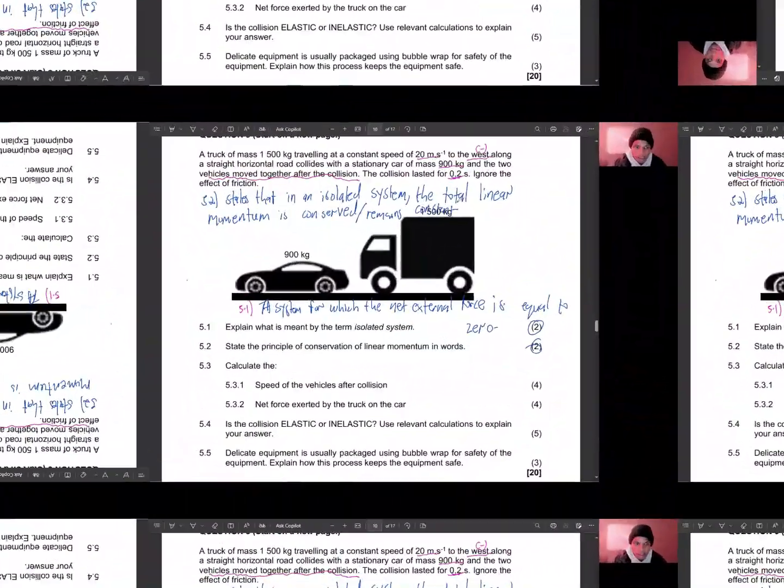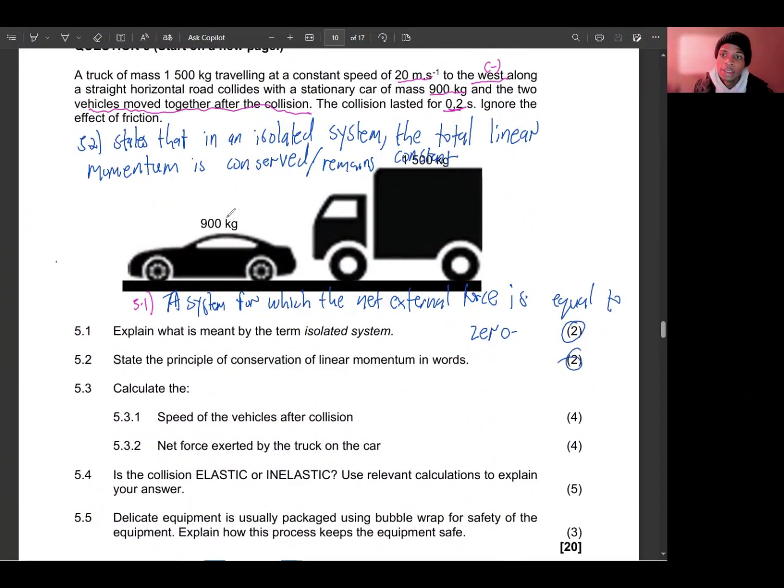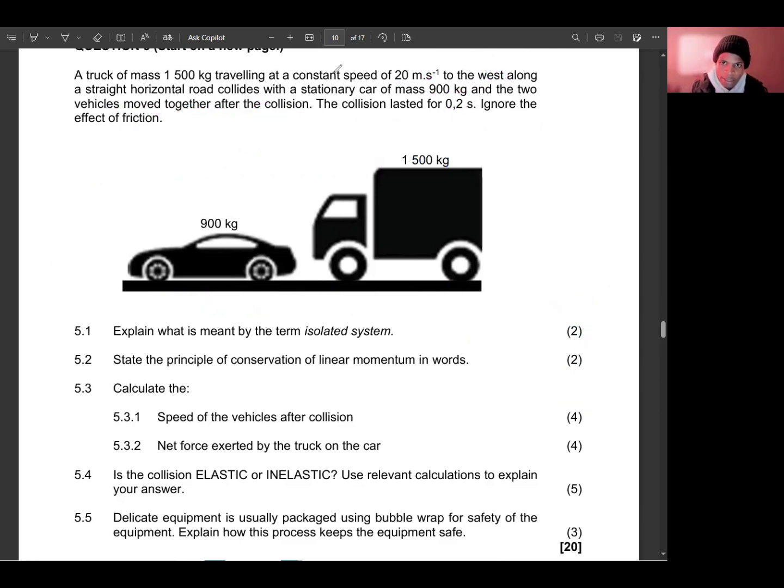Yeah. Then 5.3 says, calculate the speed of the vehicles after the collision. Now, this is where we have to apply our cases. Remember, they said these two objects were moving separately. Then after collision, they did what? They collided and then moved together as a unit. So they were coupled together.